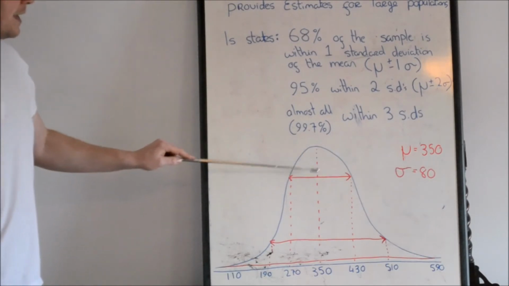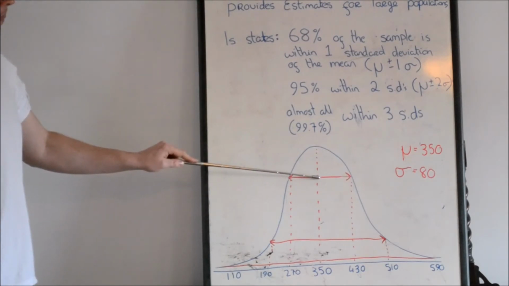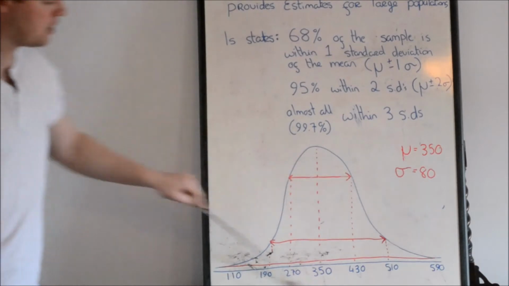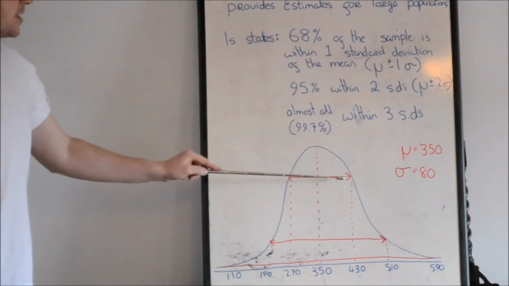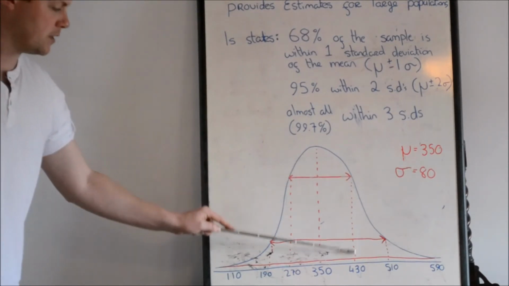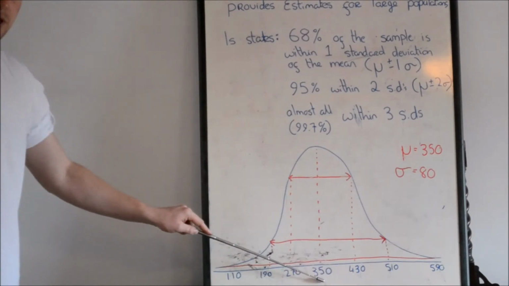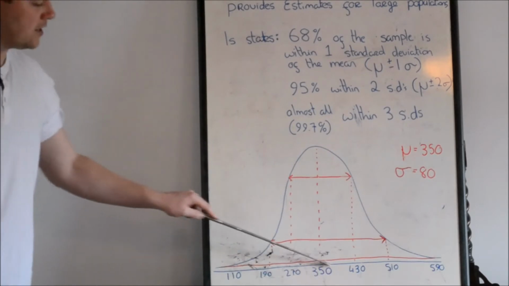So if we go 80 either side of our mean, we should catch 68% of the overall population. Okay? So what this is telling us is 68% of the overall population got between 430, which is 80 above the mean, and 270, which is 80 below the mean.